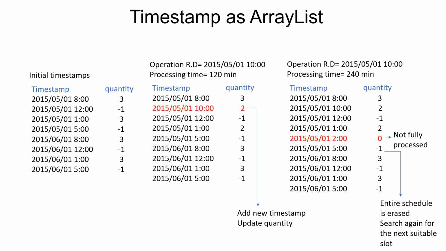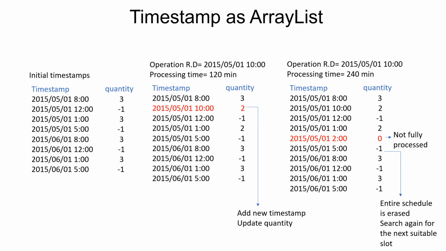So we have to schedule the operation on this resource. It will start at 10 o'clock. The available quantity at 8 o'clock is 3, so we need to add a new timestamp at 10 o'clock with the updated quantity, and the remaining timestamps are the same.